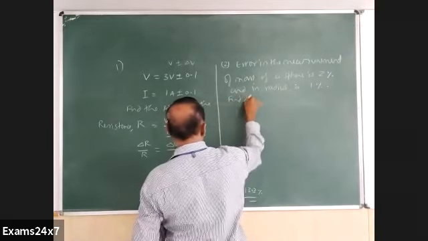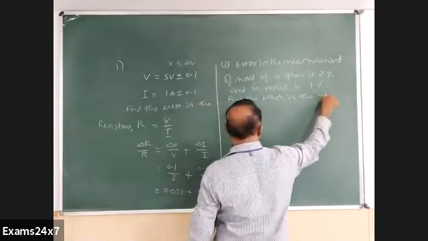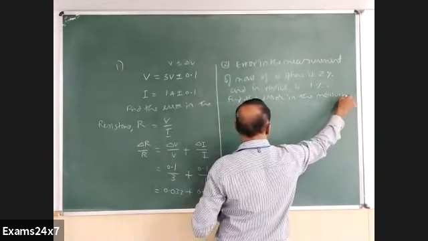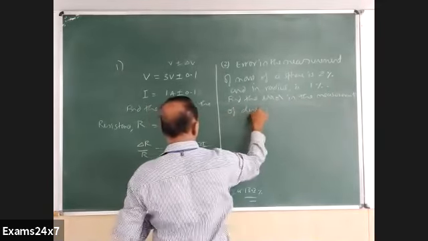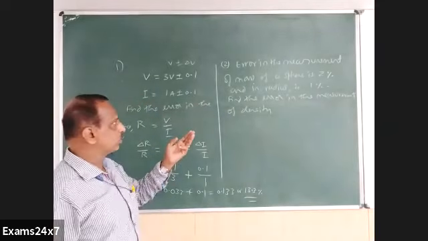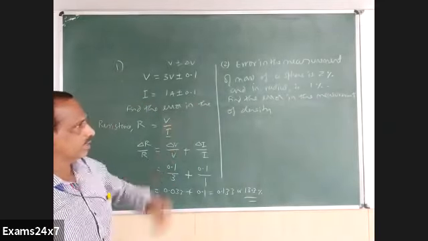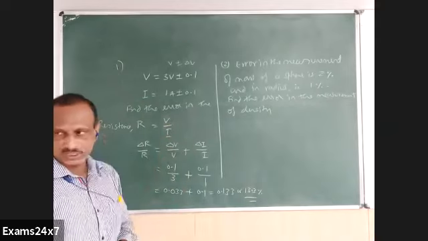Find the error in the measurement of density. Error in the measurement of mass of a sphere is 2%, and in radius error is 1%. Find the error in the measurement of density.